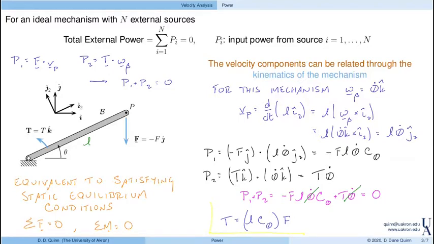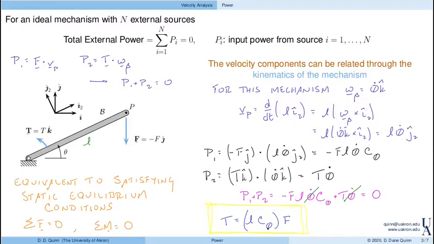So you tell me the applied force, and I'll tell you the torque that's generated on this linkage. Really important point, though, is that that relationship depends on the configuration. As the angle of this bar changes, the relationship between force and torque changes as well.